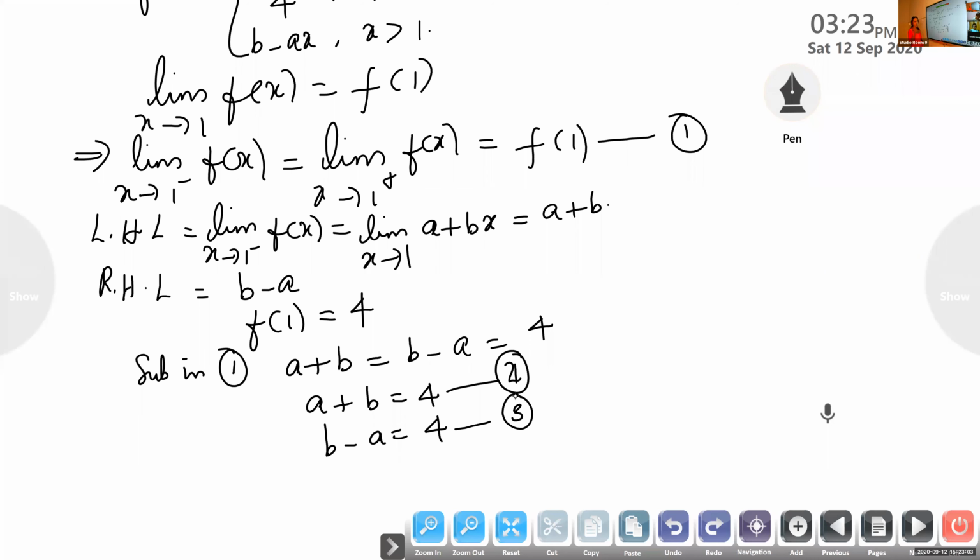So now we got two equations in two unknowns. A and B are the unknowns. You can solve these two equations and find what is A and what is B.